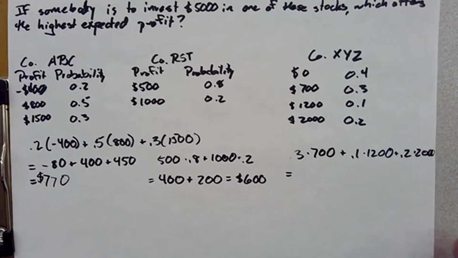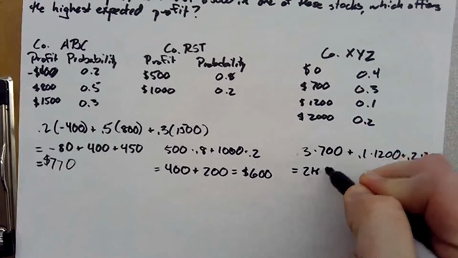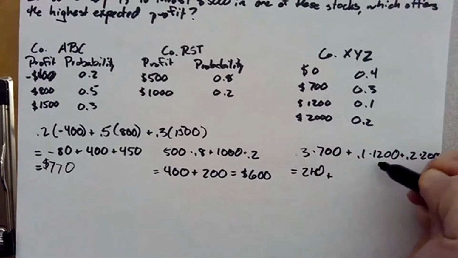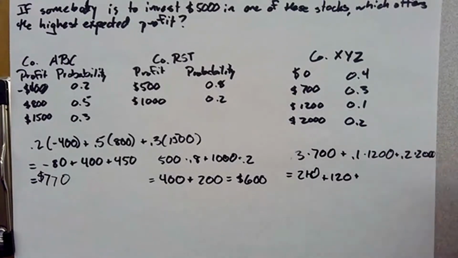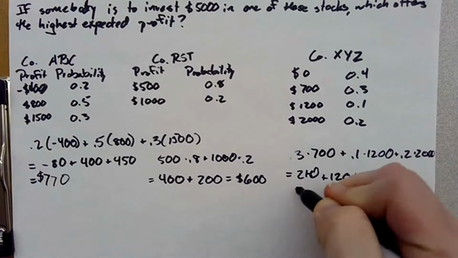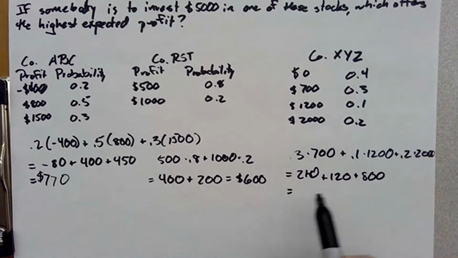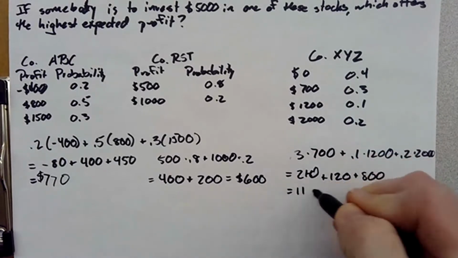Okay, so 0.3 times 700 is 210 plus 0.1 times 1200 is 120 plus 0.2 times 2000 is 800. That leaves us 210 plus 120 is 330 plus 800 is 1130.